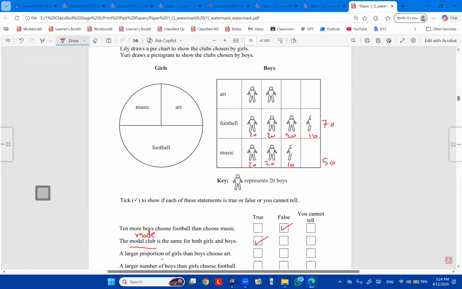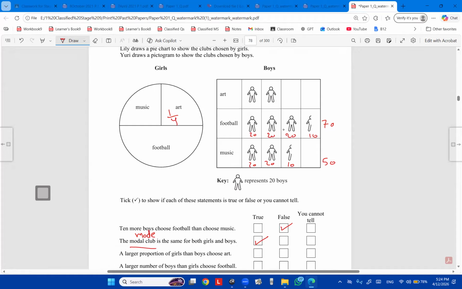A larger proportion of girls than boys choose art. Let's see. The proportion of art over here is 1/4 of the whole pie chart. It is 90 degrees out of 360. Or without any degrees or anything, it is obvious that it is a quarter of the circle. While for the boys' art, I have two of these characters drawn.